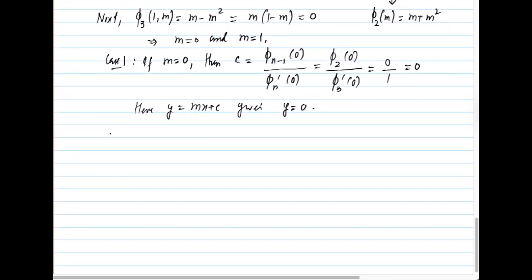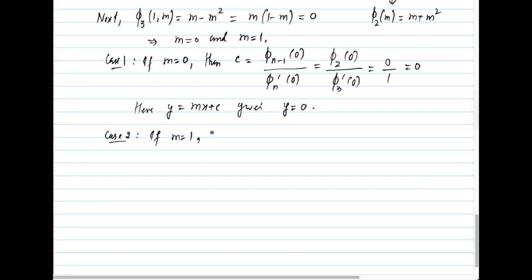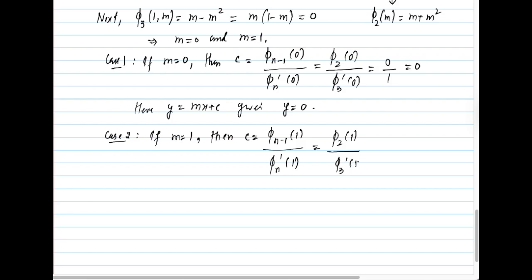Now our case number 2 is if m is equal to 1, then c is equal to phi n minus 1 of 1 divided by phi n dash of 1. So we can see this is equal to phi 2 of 1 divided by phi 3 dash of 1.